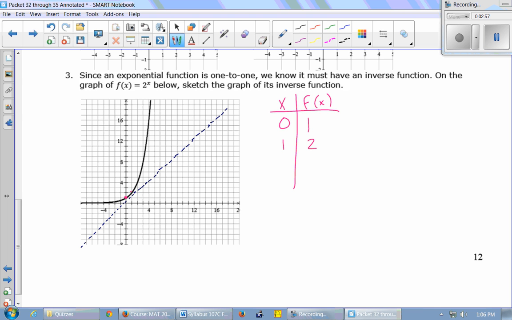This point right here. 2, 4. 3, 8. And then maybe I'll just do one or two negative ones. Negative 1, a half. And negative 2. It's really hard to tell on the graph, but we do know the formula. It's 2 to the x. So 2 to the negative 2 is 1/4.